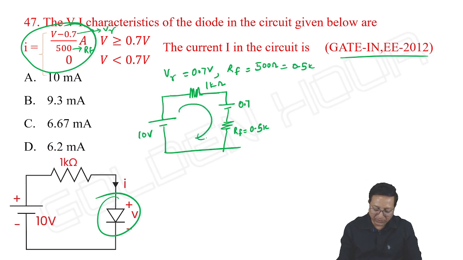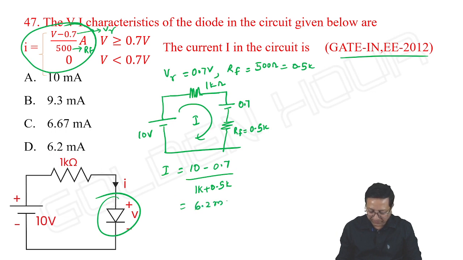So what is the current flowing in this circuit? How do we write it? I is equal to 10 minus 0.7 by 1 kilo ohm plus 0.5 kilo ohm. And if you solve it, you will get 6.2 milliampere.